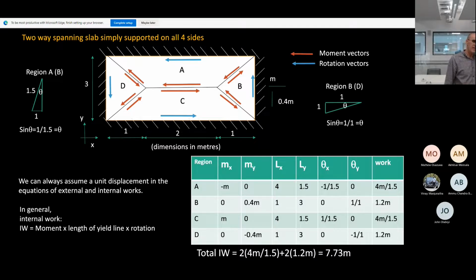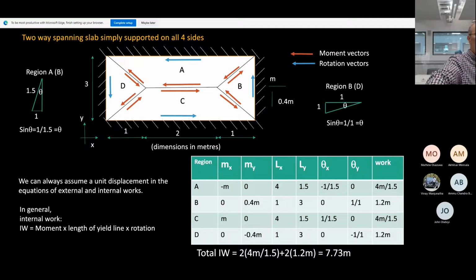For region A, this is your slab, and it's rotating about this edge here, going this way.